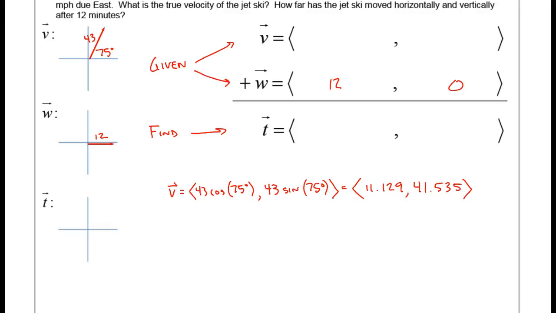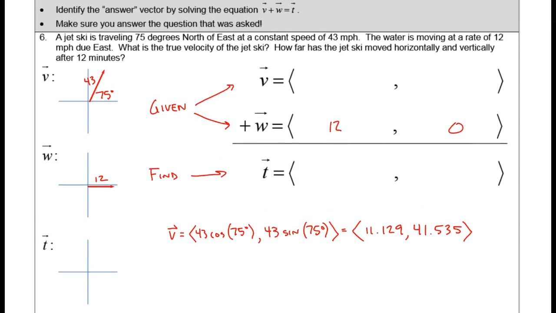Now let's not be too sloppy here. This is the vector v. Its units are miles per hour, because that is the velocity that we're working with. So I'm going to go ahead and fill in my template here with the vector v. I have 11.129 as the horizontal component and 41.535 as the vertical component.